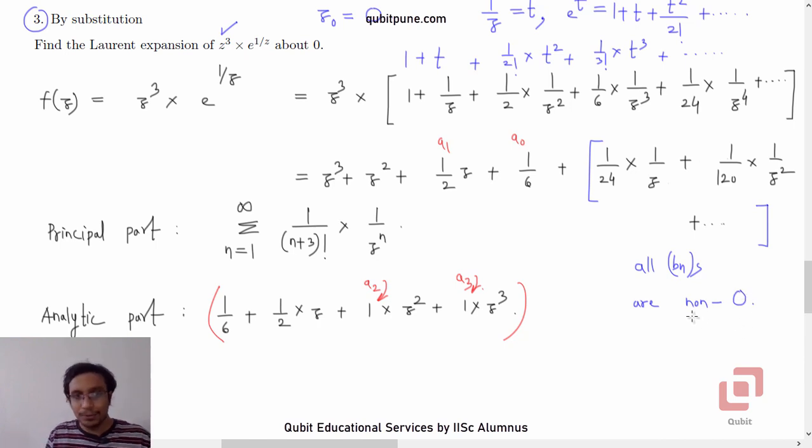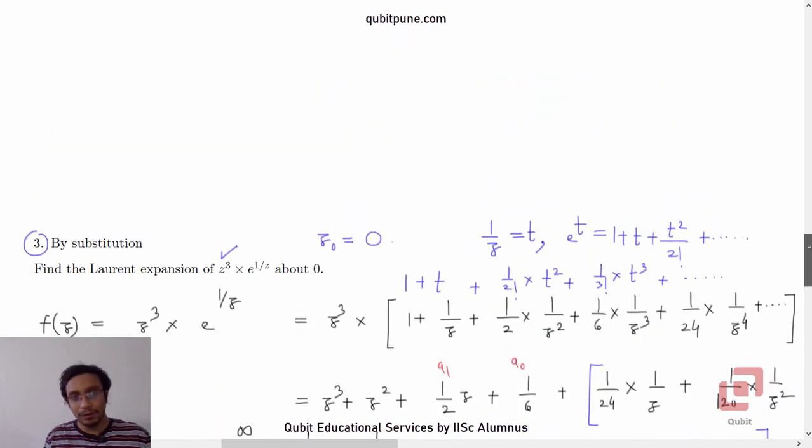Now this has something to do with the singularities of the function, which we are going to talk about later. Okay, so you can actually write it down using the summation notation as the principal part is equal to summation 1 over n plus 3 factorial into z to the power n as n runs from 1 to infinity. Okay, and this is enough to establish the fact that for this there are infinitely many terms in the principal part, but only finitely many terms in the analytic part.